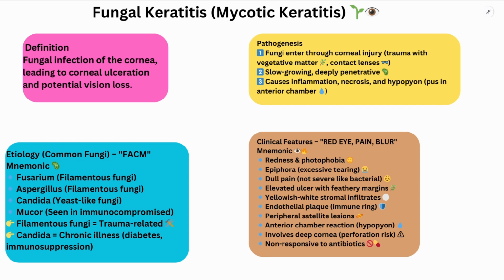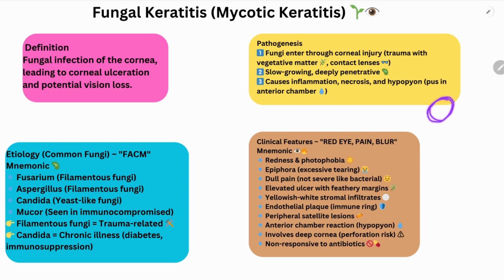The pathogenesis is that fungi enter through corneal injury. So trauma with vegetative matter or contact lenses. Then the fungus slowly grows and penetrates deeply, which causes inflammation, necrosis, hypopyon. Hypopyon is nothing but the pus accumulated in the anterior chamber, like below in the anterior chamber.